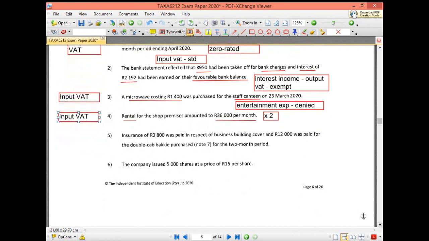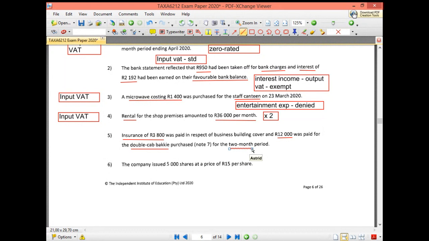Then we've got insurance of 3,800 paid in respect of the business building cover, and 12,000 for the double cab bakkie, and they tell you it's for a 2-month period. Now remember, for motor vehicles as defined, you will not be allowed to claim input VAT.